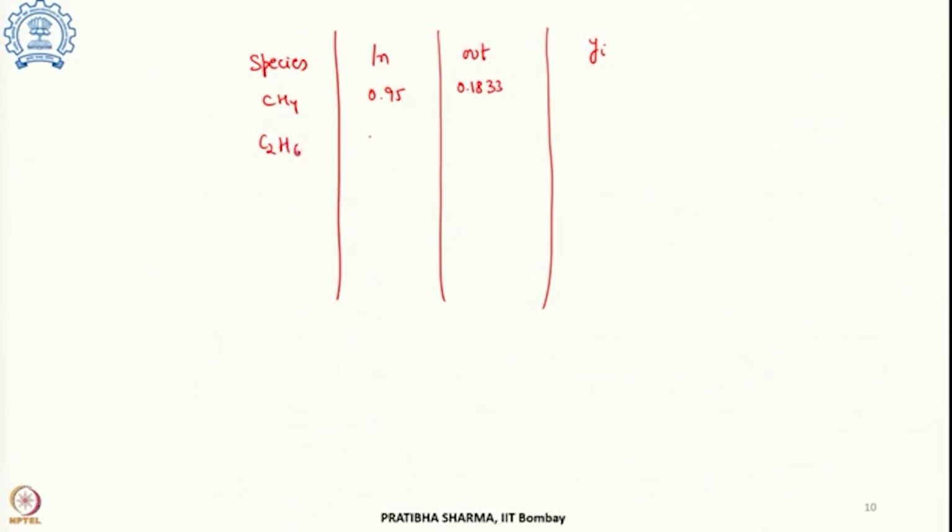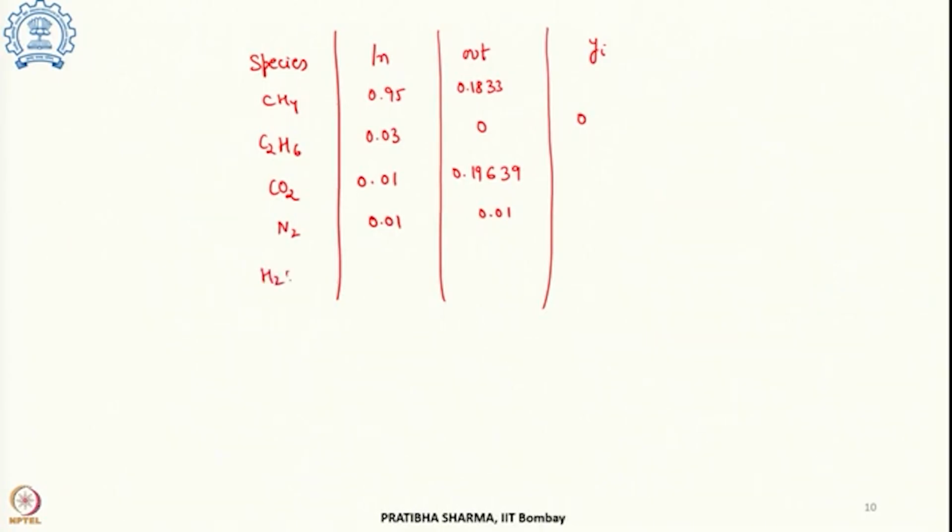For ethane, that initially was 0.03 mole percent and that completely reacted. So at the output the mole fraction was 0. CO2, it was given to be 0.01 and substituting the values we have found, it is 0.19639. For nitrogen, this remains unreacted, so 0.01.